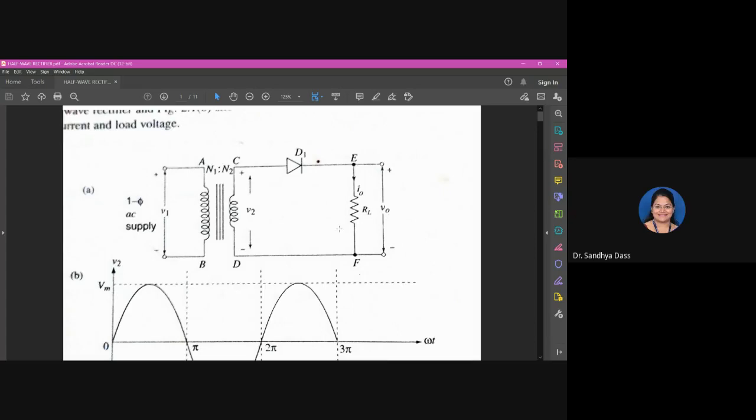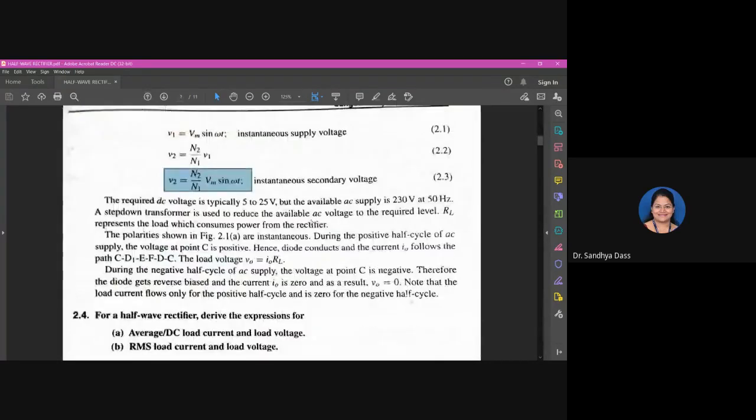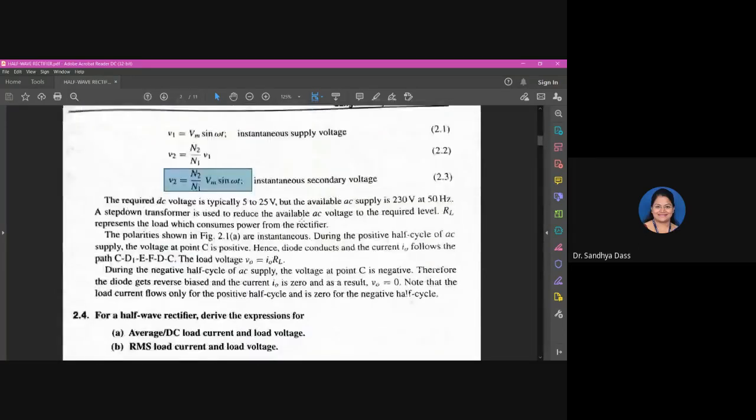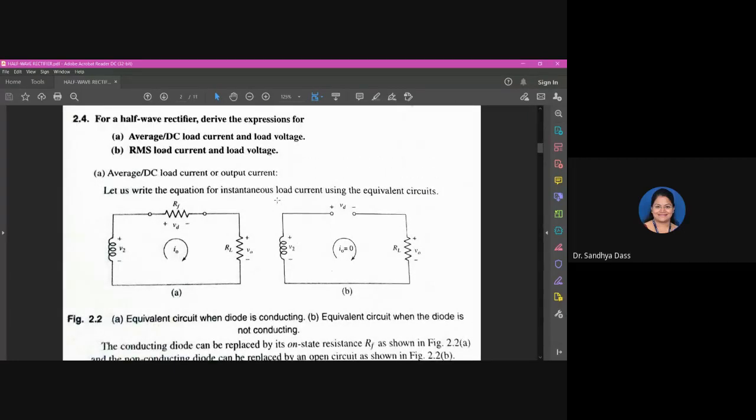So during the positive half cycle, when there is current flowing, how do we get the relation? What will be the current? So apply KVL. Let us take the equivalent circuit. Please note down. We are now deriving the expression for average DC output voltage and output current.